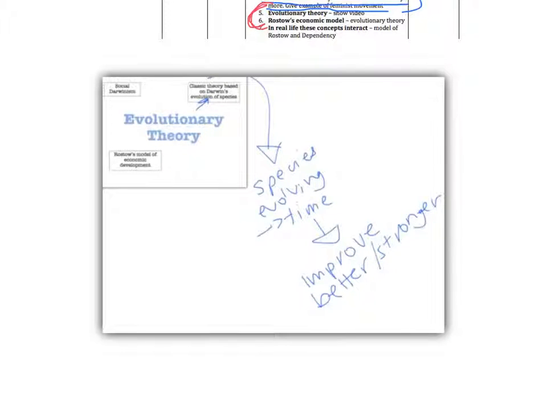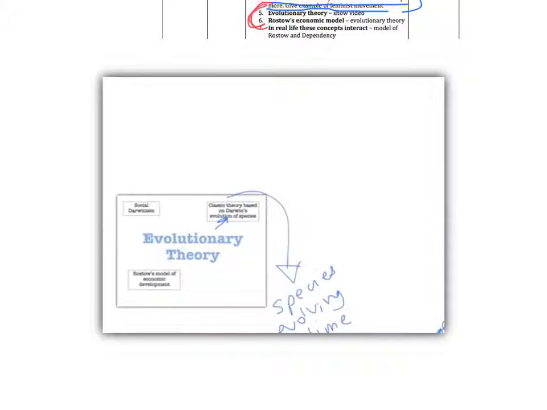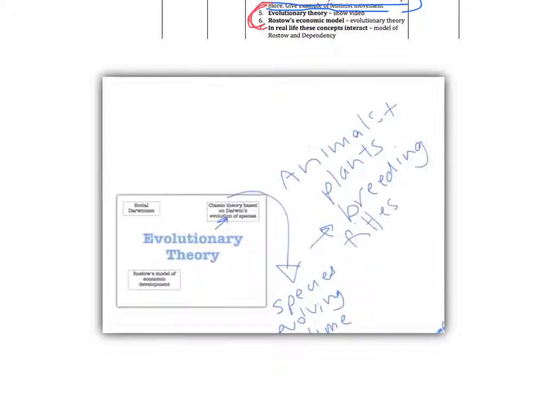So how do we apply a theory that's predominantly based on animals and plants and breeding fittest specimens? How does that relate to a culture or a society?